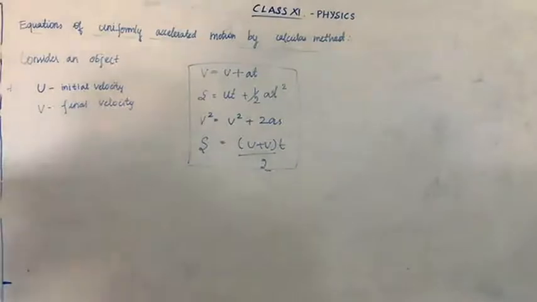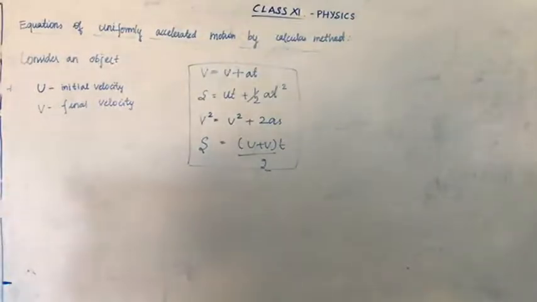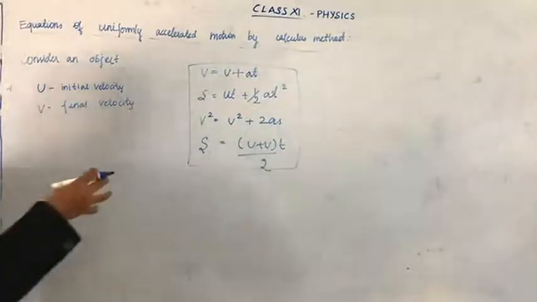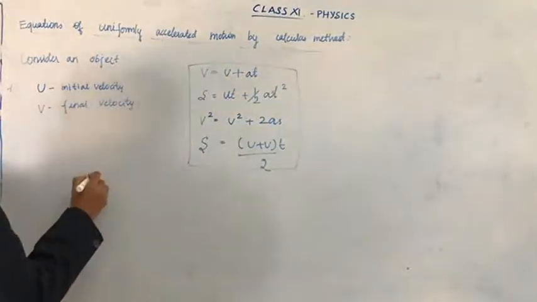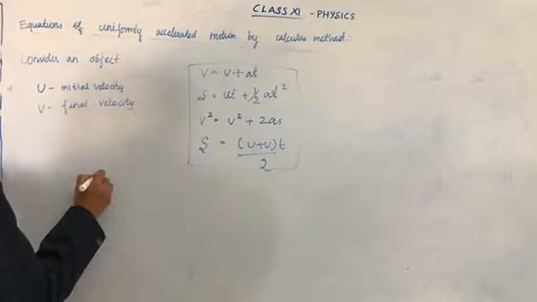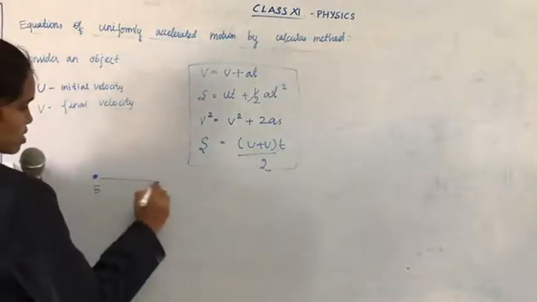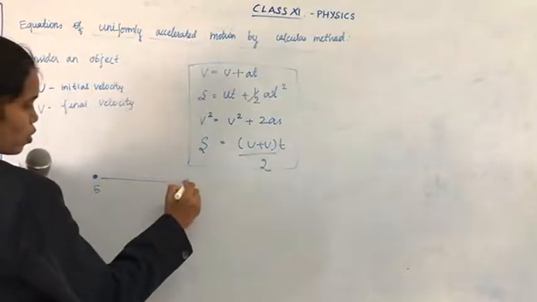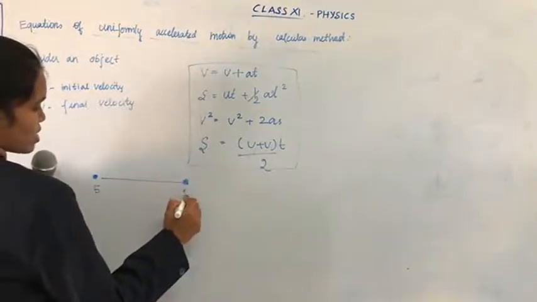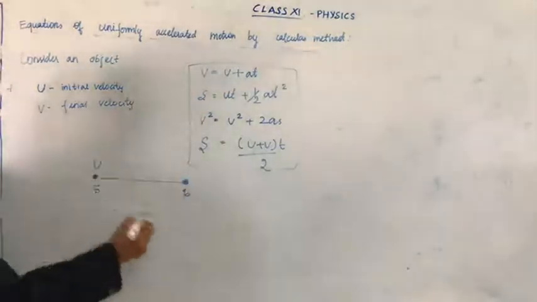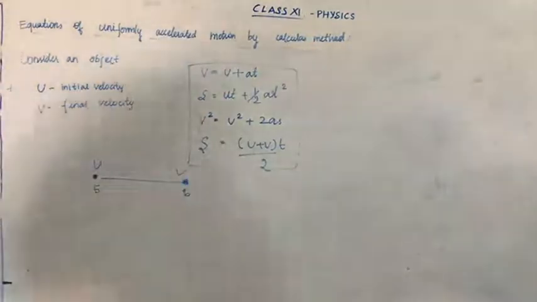If an object is at rest, that is where it starts, the starting velocity. Say the velocity is 5, and when it ends the work, its velocity is 6, like that. The difference in velocity. This is the initial velocity, this is the final velocity.